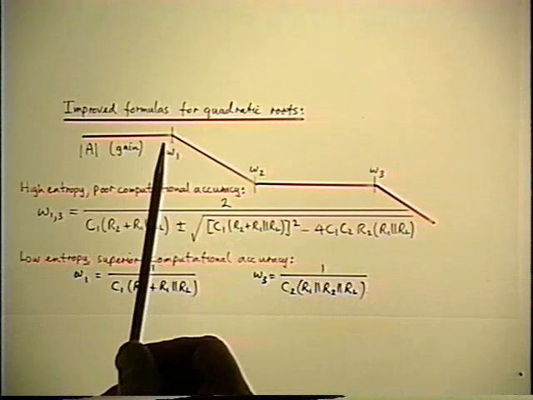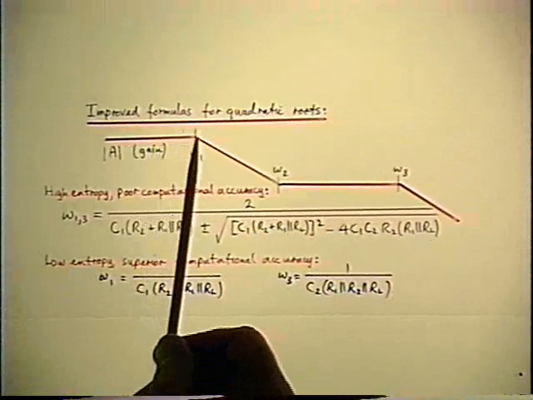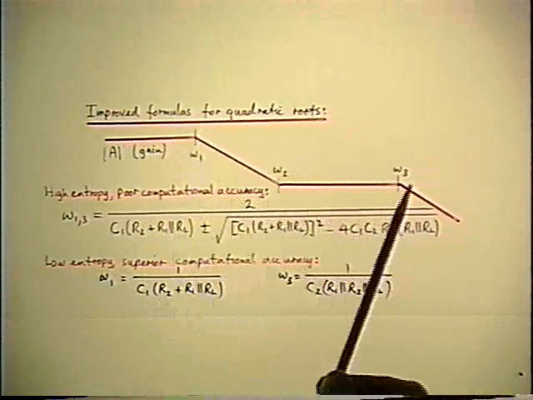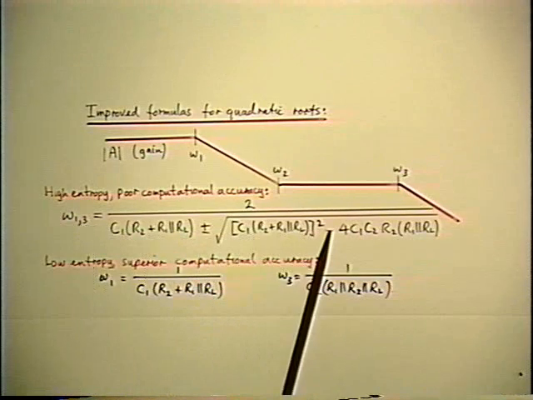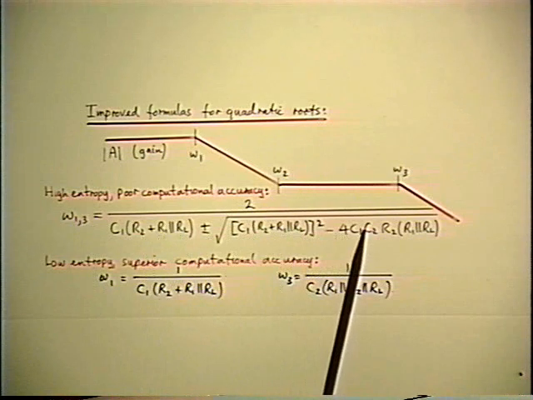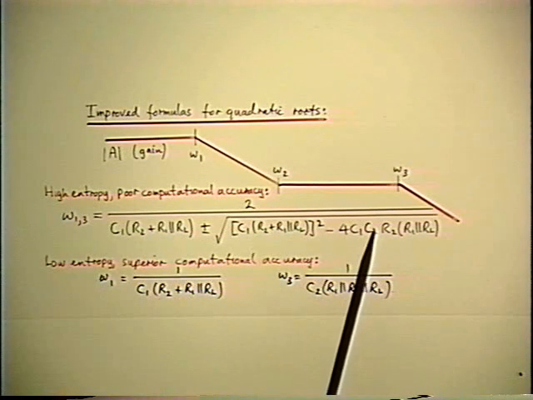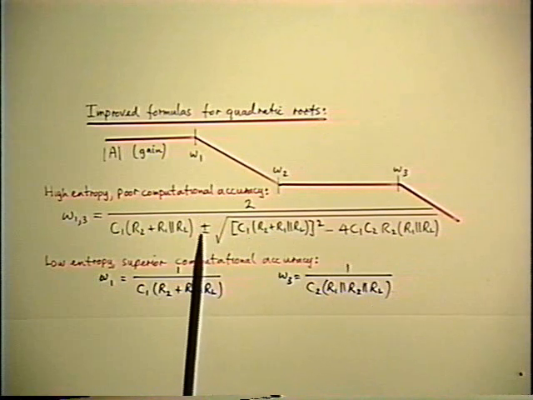And here's the sketch of that transfer function. These are the two poles, the omega 1 and the omega 3, which are the two roots of the quadratic equation. And I don't have to remind you where that comes from. You recognize that form instantly. It's got this nasty radical sign, and it has the alternative plus and minus.